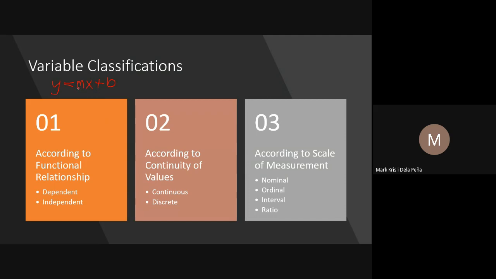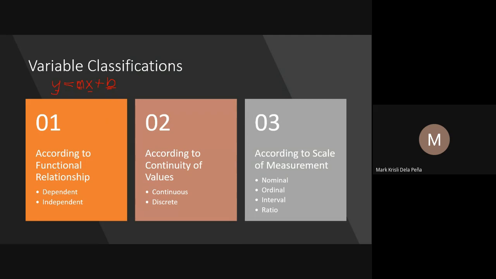The other two, m and b, are actually constants in an equation. These two do not change within an equation. However, x and y will change. Here we identify x to be the independent variable, and whatever happens to x, y will also change. So that's a relationship.